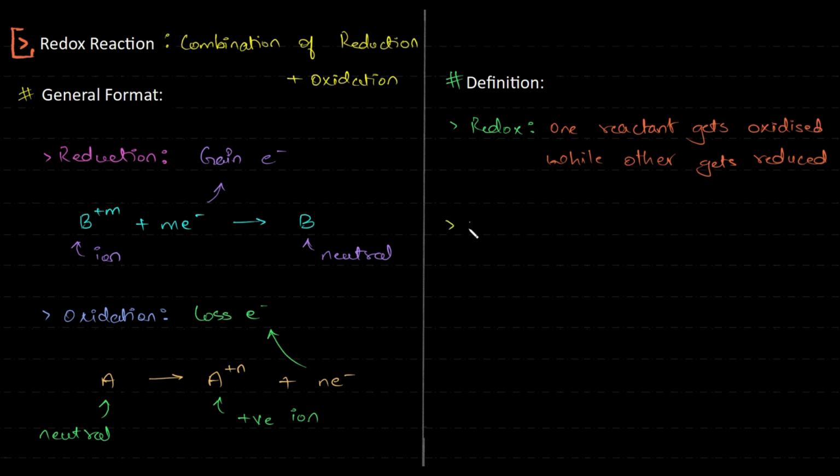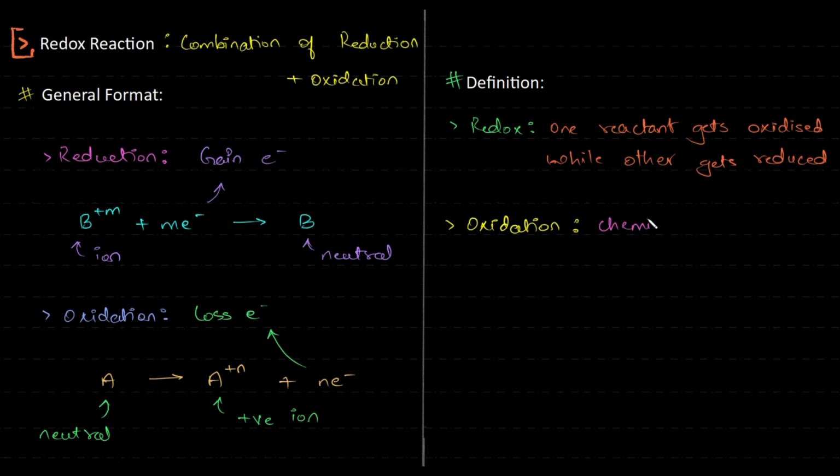Okay, so let's look at oxidation reaction as a definition. Oxidation is a chemical process that occurs when a substance undergoes either loss of electron, or it can be gain of oxygen, or loss of hydrogen. So let me put it in this way.